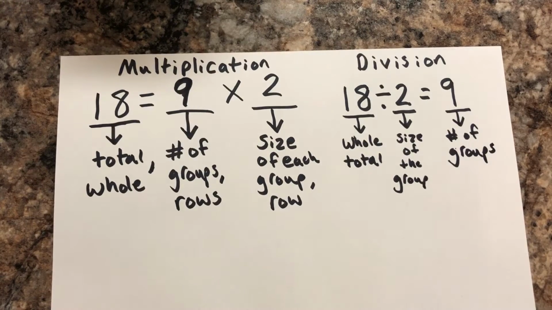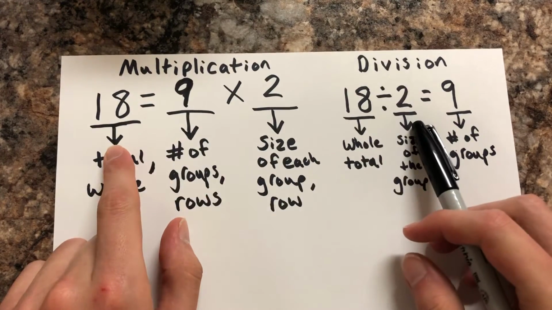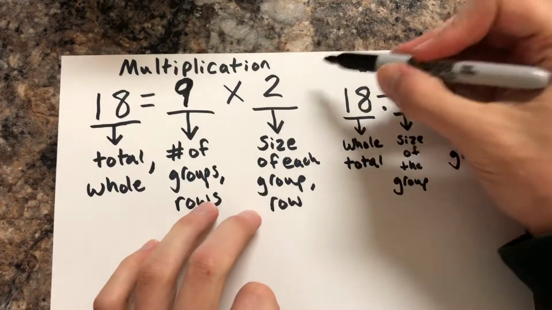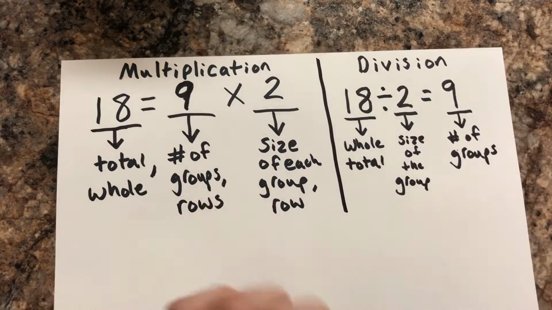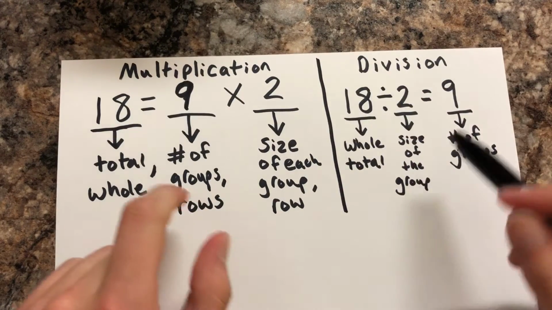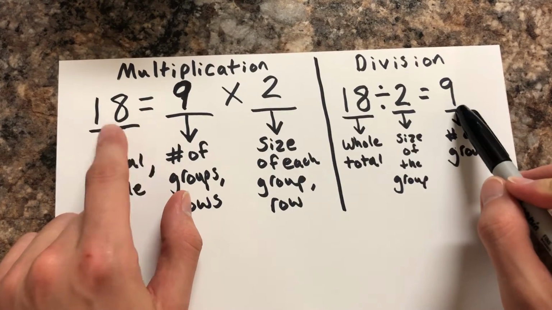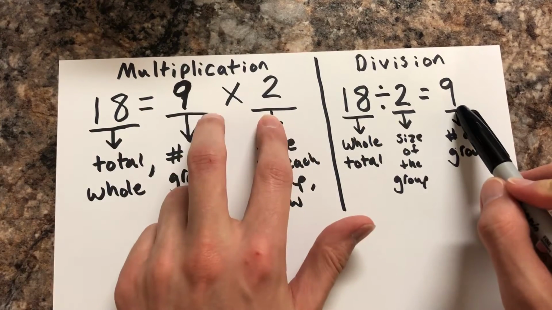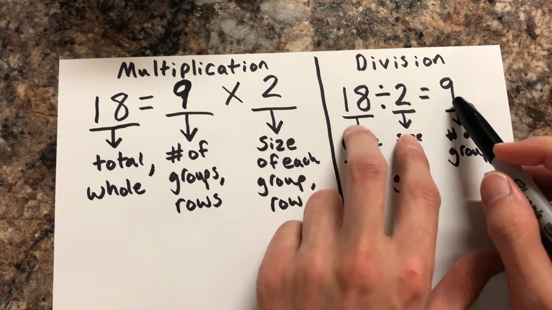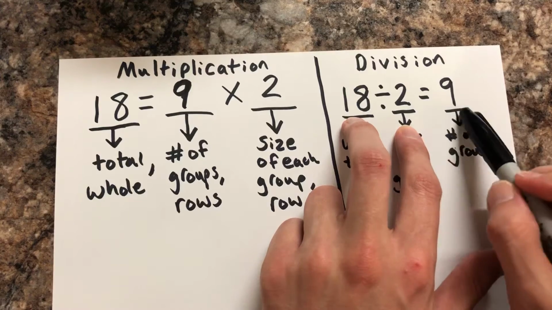The definition for these numbers doesn't change. But what does change? Yeah, the number on the other side of the equal sign. Over here on the other side of the equal sign is 18, and then we got our equation here. But over here, we've got our equation and a different number on the other side.